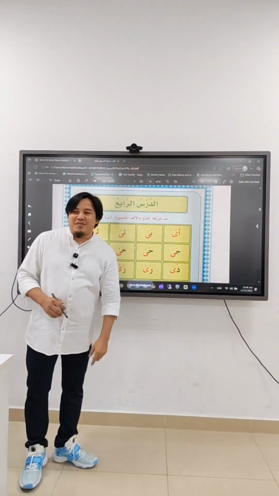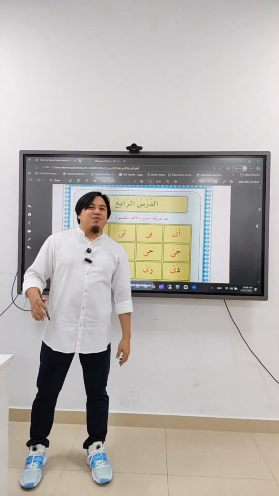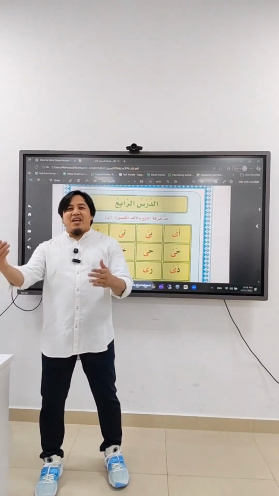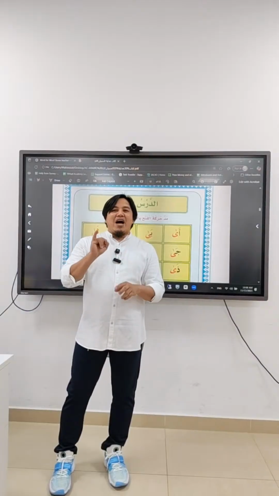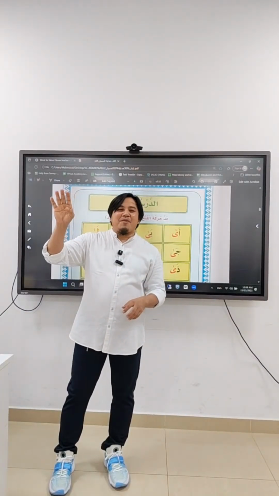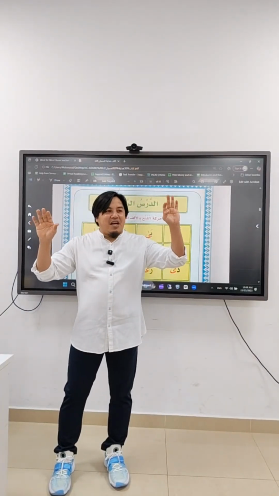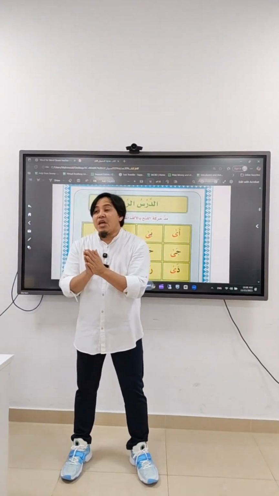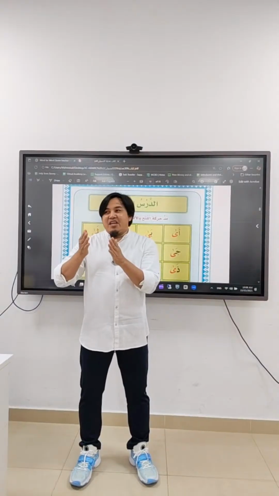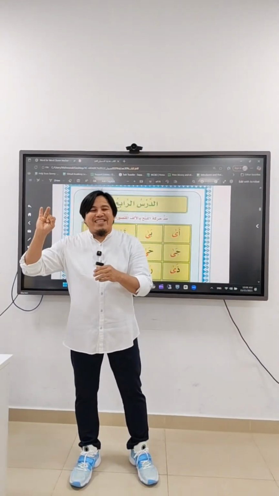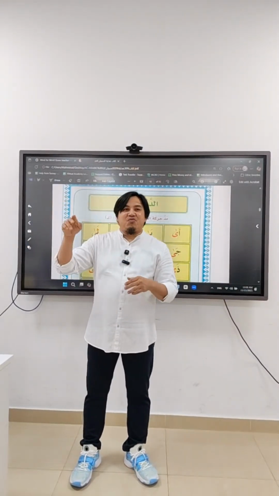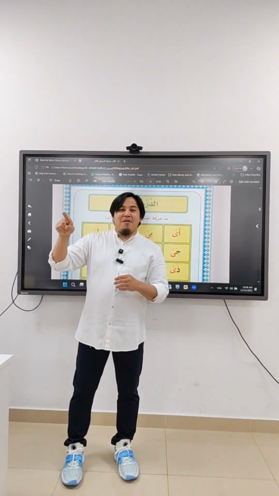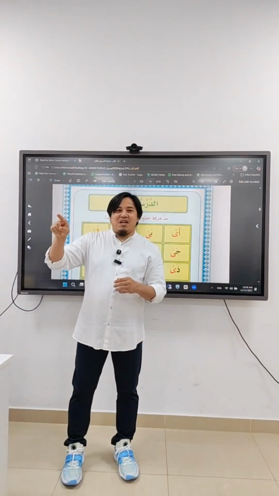Ad-dars al-rabi'. Al-rabi' is taken from the word arba'a, as I said before, when we count numbers: واحد اثنان ثلاثة أربعة خمسة ستة سبعة ثمانية تسعة عشرة, right? But if we want to say in order, first, second, third, fourth, instead of saying واحد you say أول, al-awwal.